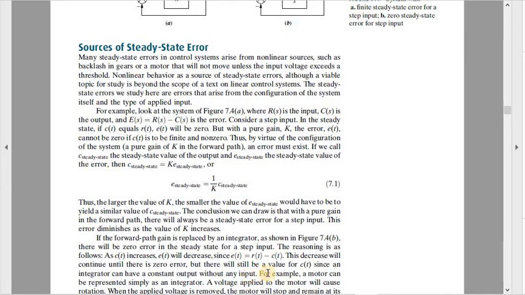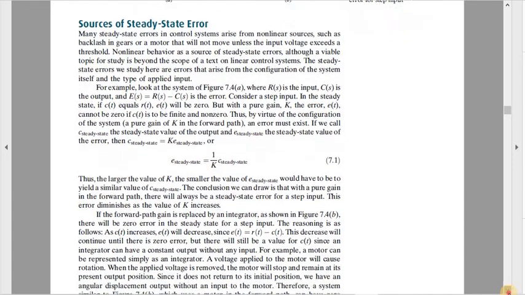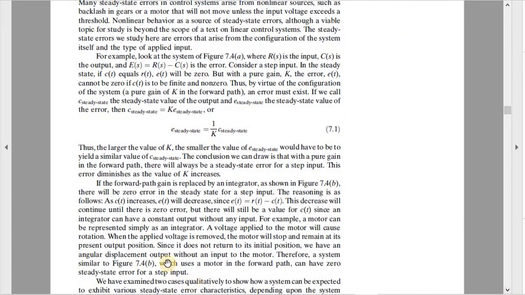If you integrate 0, it becomes a constant. So we need to introduce a motor here that gives a constant output when there is no input to the system. For that reason, it does not return to its initial position.